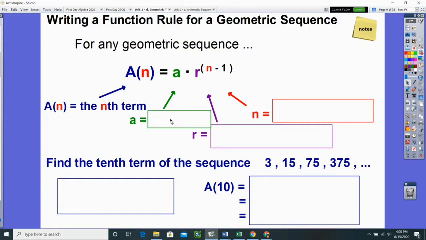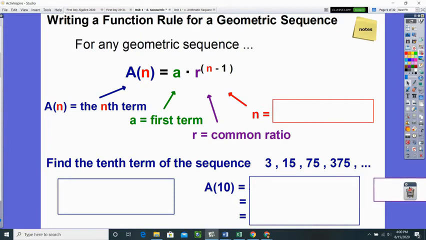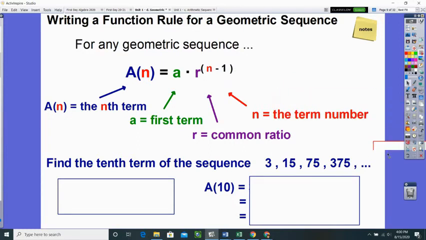Remember that a is going to be the first term of the sequence, which in this case was 3, times, because it's geometric, the r is the common ratio, the number that we are multiplying from one term to the next that stays the same all the way through the sequence. And make sure that you understand that this n minus 1 is not multiplied. It is raised to the n minus 1. It's an exponent. And that n, again, is the term number.